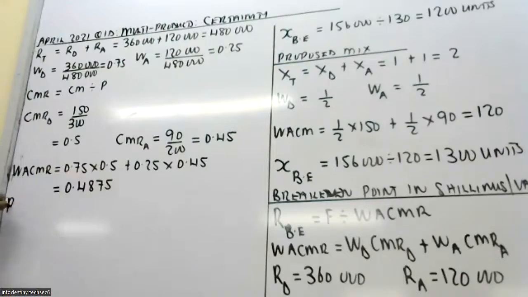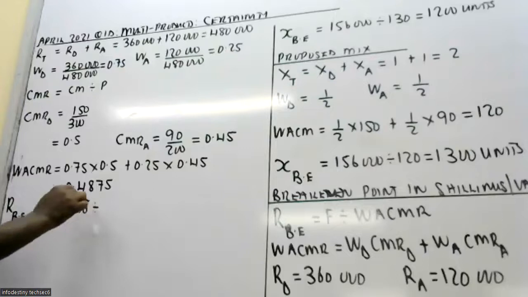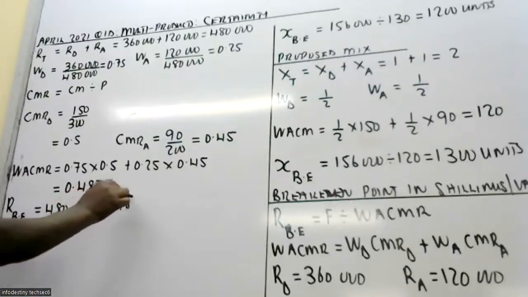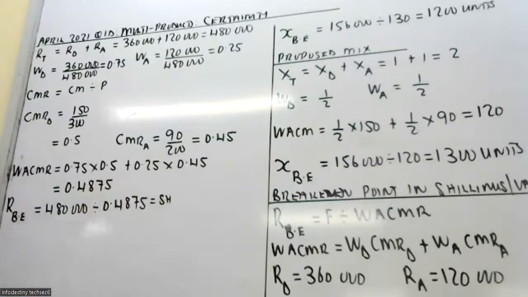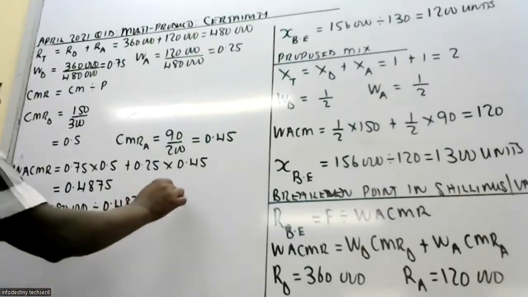So our RBE will be 480,000 divided by 0.4875, which is $984,000.